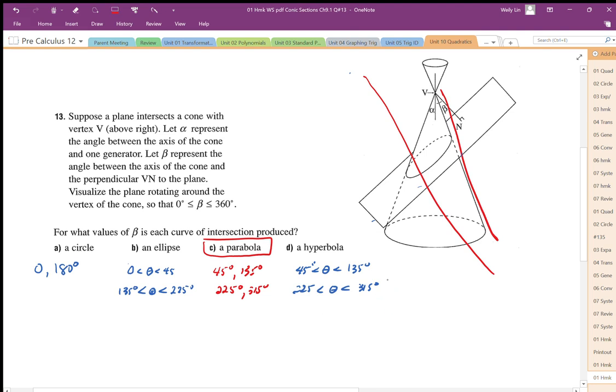And then from 315 to 360 degrees, we're going to have our ellipse, because it's going to be cutting through the circle in that direction, all the way till we get back to our 0 degrees or 360 degrees.